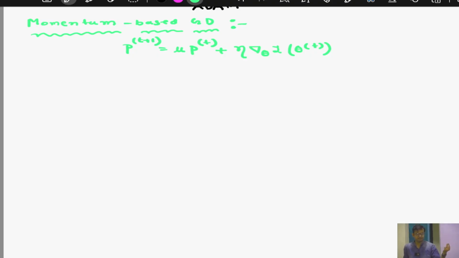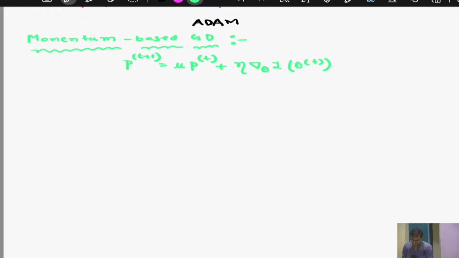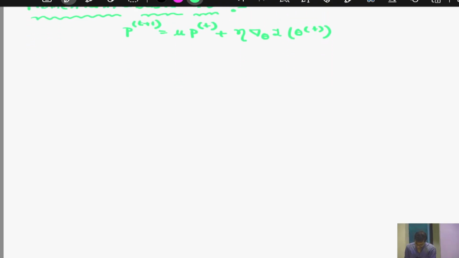P is your momentum. You have to initialize the momentum at some value and then it will run. And then theta_{t+1} = theta_t minus P_{t+1}. Okay. So this is the momentum based gradient descent.